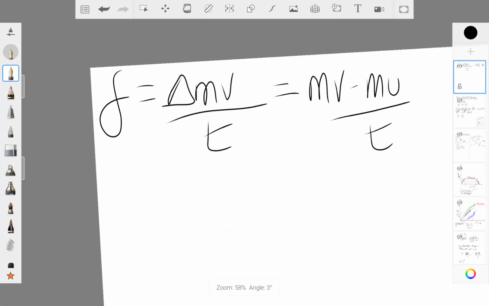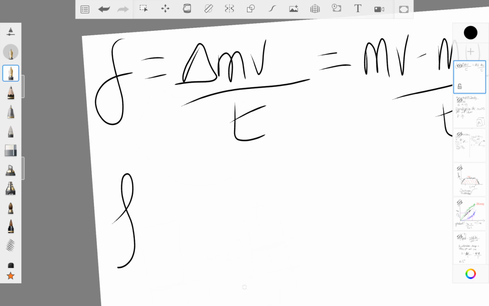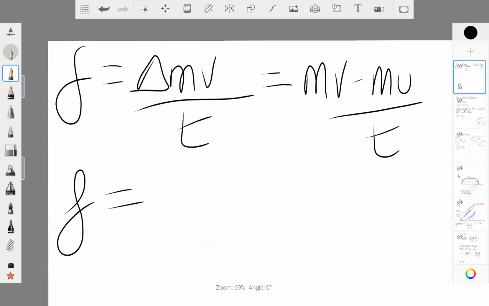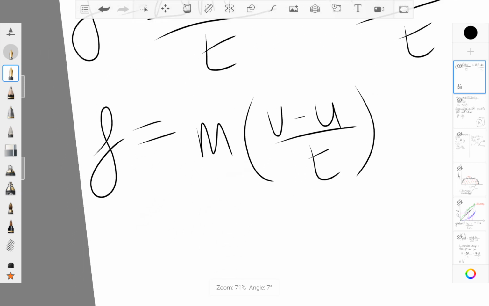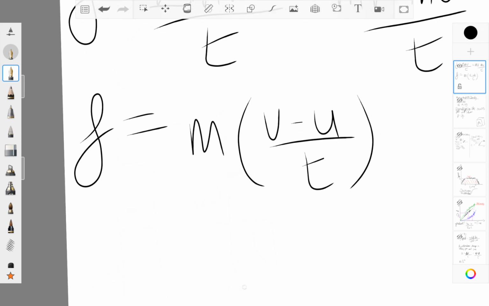And if you were to factorize the mass out, you would have F is equal to mass times (v minus u) over t. And if you remember, (v minus u) over t is acceleration, which is how we can find out that F is equal to ma.